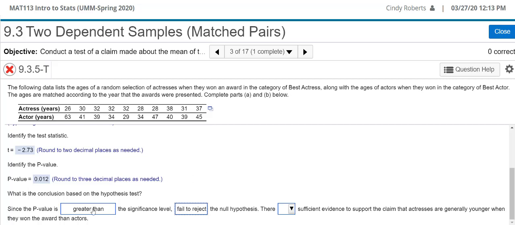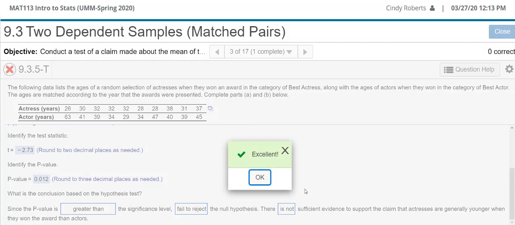Even though it's just a little, it's enough. So we cannot say there's enough evidence to support the claim that actresses are generally younger. If your p-value was less than, then you would reject the null and say they were generally younger.